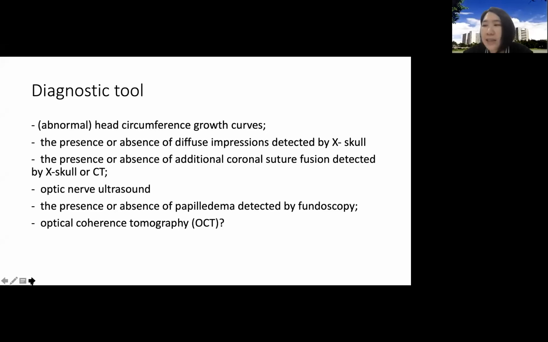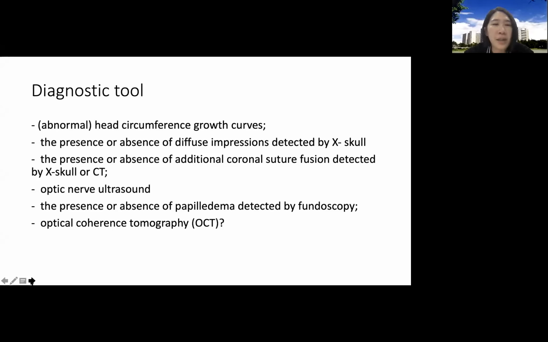Apart from direct ICP monitoring, there are 6 diagnostic tools that could be used, such as the head circumference growth curve, the presence or absence of diffuse depression, which you can call the Copper-Beaten sign or thumbprinting sign, detected by skull X-ray.